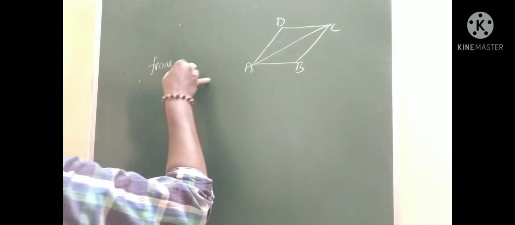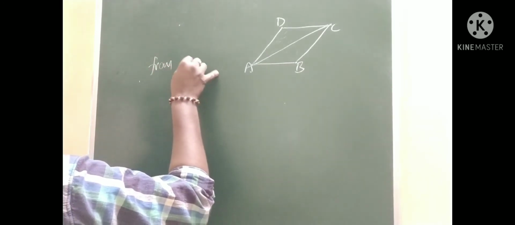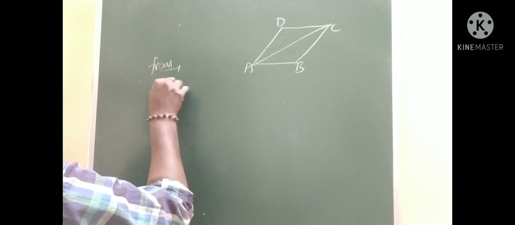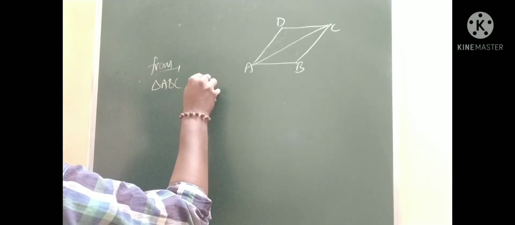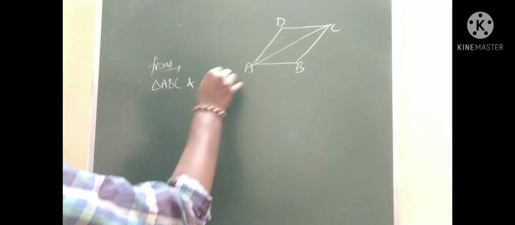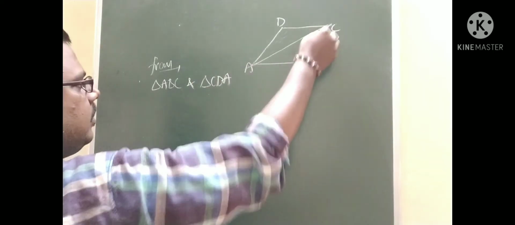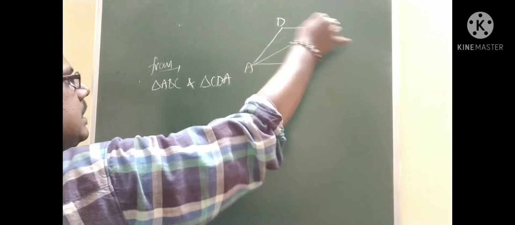Let me take those two triangles: triangle ABC and triangle CDA.